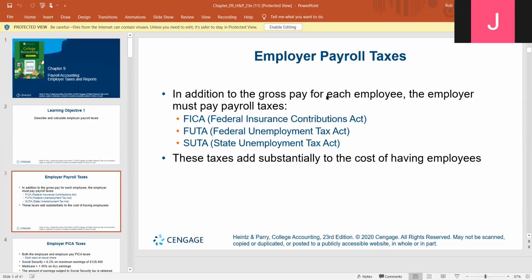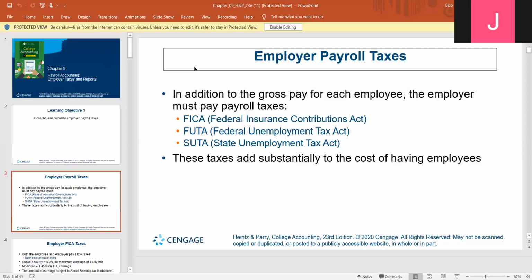When they pay your taxes, they're doubling them up when they make the payment to the state or to the feds. FUTA and SUTA are paid only by the employer. So let's understand what taxes are paid by what entity, okay? That's the first thing we need to start understanding to conquer this chapter. And these taxes add substantially to the cost of having employees.